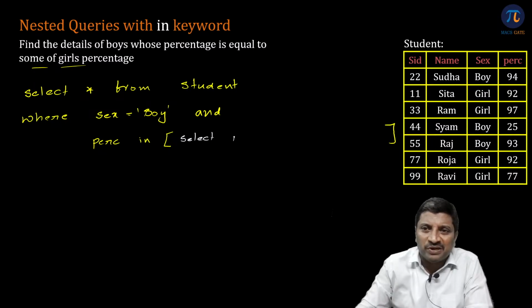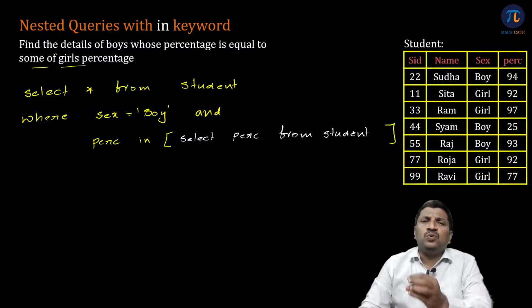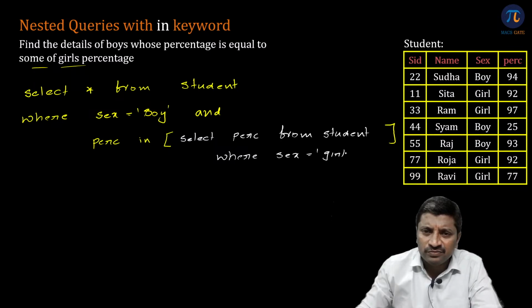What do you need, sir? You need only percentages. Select percentage from where, sir? You are selecting maybe from the same table or maybe another table. In this example, it is from the same table. Whose percentages are you selecting, sir? The girls' percentages.